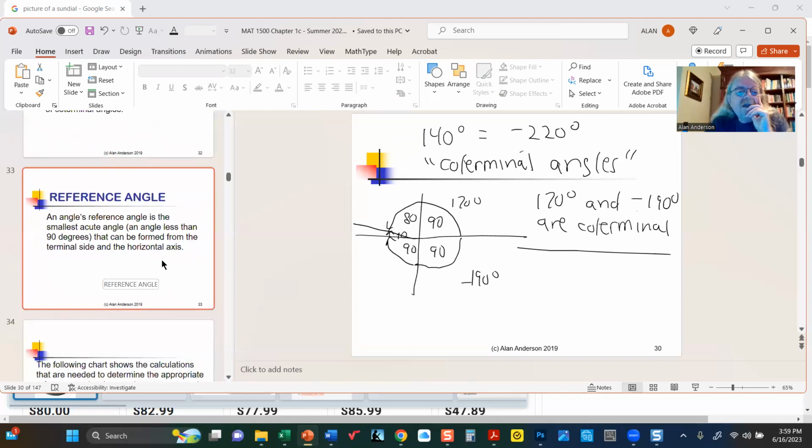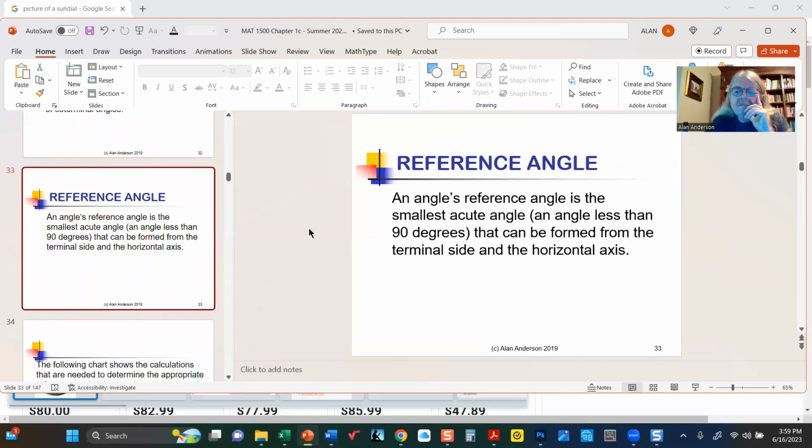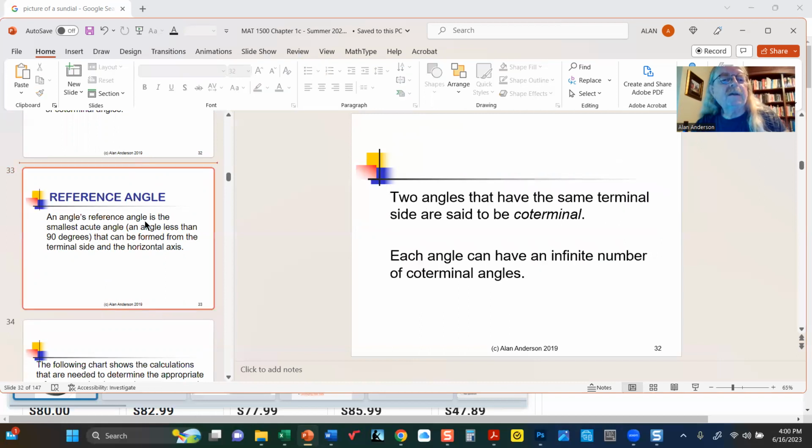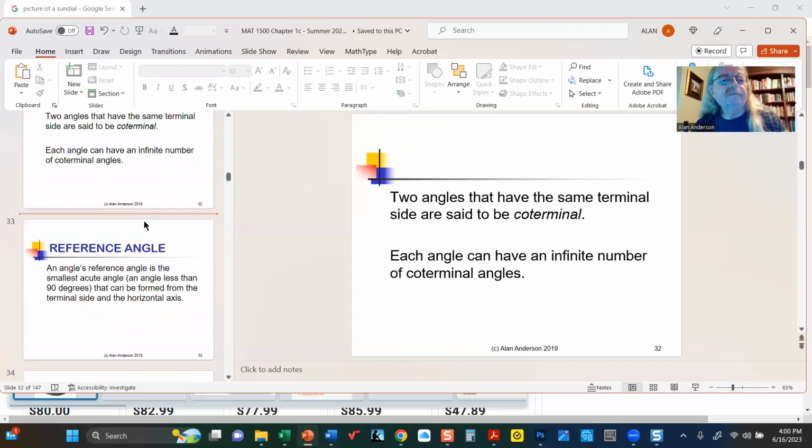Now, reference angles. Oh, you know what that reminds me? We need to remind ourselves about some adjectives that describe angles. If you notice here, they're calling this an acute angle. So let's see if we can make up a little chart here.